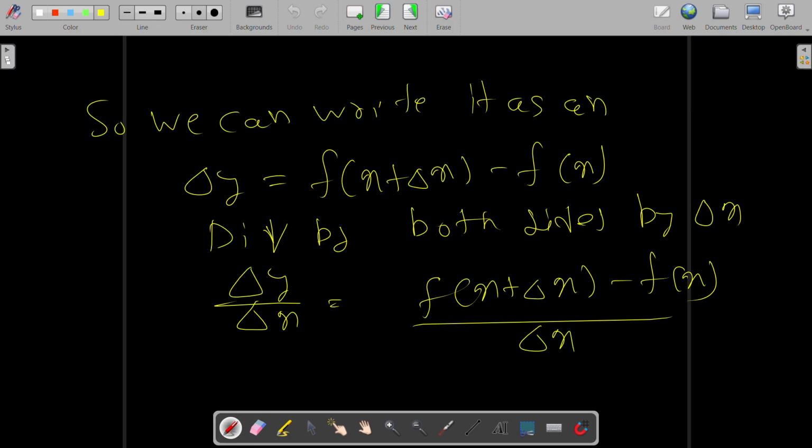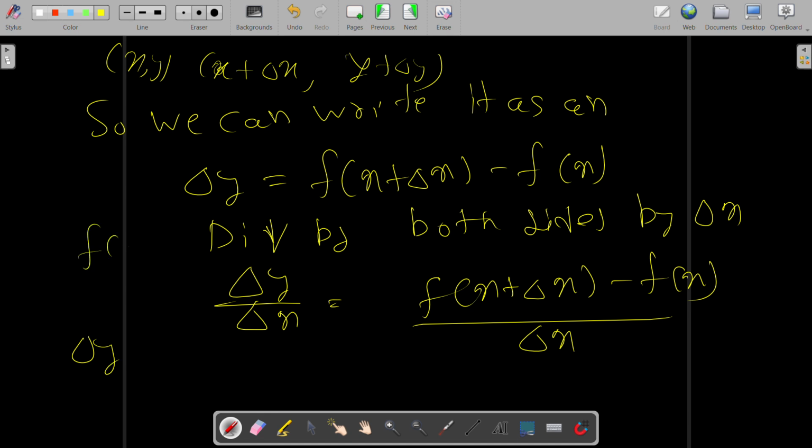Now the derivation. We can now write the coordinates as (x, y) and (x plus del x, y plus del y). So we can write del y equals what?